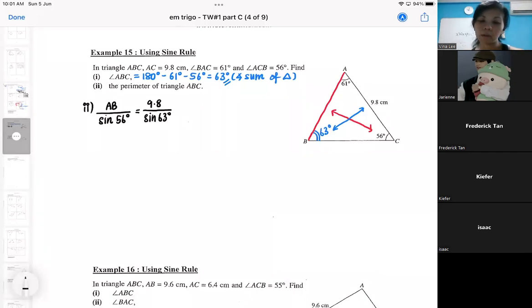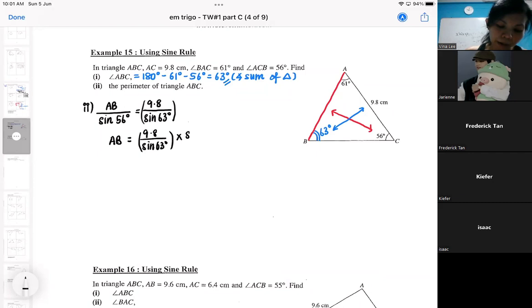If you look, you won't get a very nice answer. So for this fraction, you cross multiply, and you will get 9.8 sine 63 multiplied by sine 56. All these are pressable from your calculator.